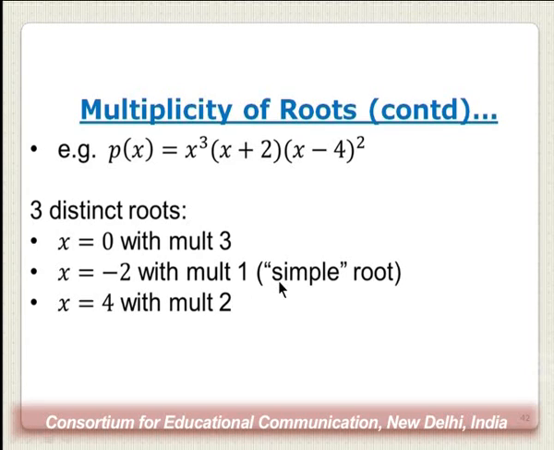If multiplicity is 1, then we call the root a simple root. And finally, we have x minus 4 squared. Here the multiplicity is going to be 2 for the root x equal to 4. So this way we can get a sense of how many times the factors associated with those distinct roots are occurring.